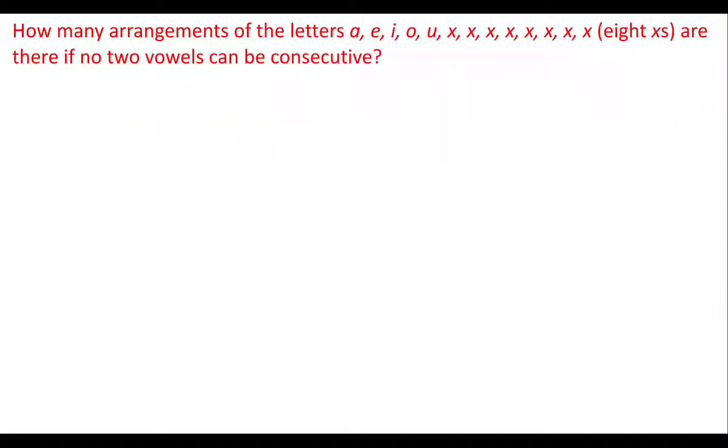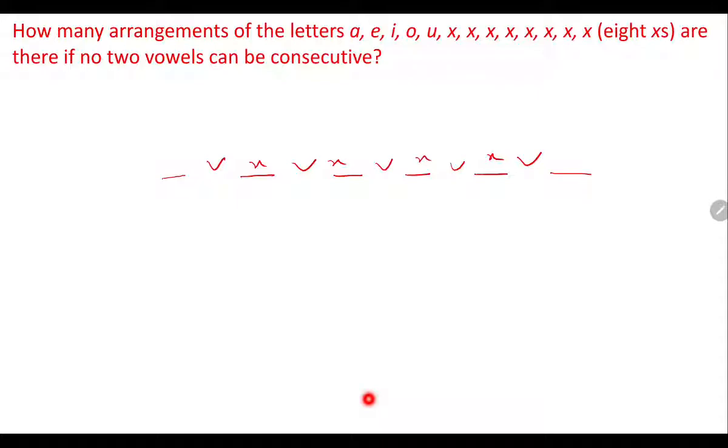Again, a very interesting question: how many arrangements of the letters are there, with 5 vowels and 8 X's, so that no two vowels are consecutive? So vowels cannot be consecutive. It means that we should put at least one X between the vowels. If 5 vowels are there, 1 2 3 4 5, between them at least one X needs to be put, but X can be before the first vowel and after the last.